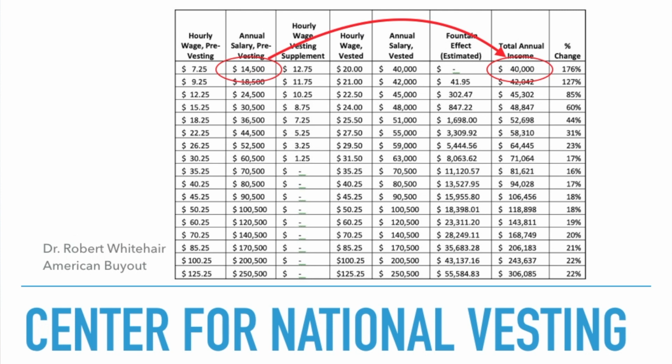Now you'll notice that they don't necessarily have a fountain effect here, but when you're looking at the column labeled fountain effects, as Dr. Whitehair describes in his book, American Buyout, it basically shows the impact of increasing wages for low and middle income segments of the economy.